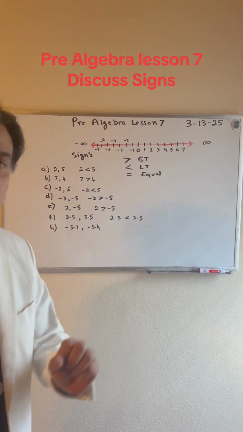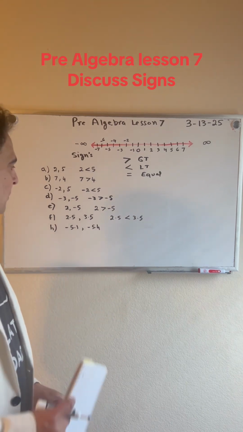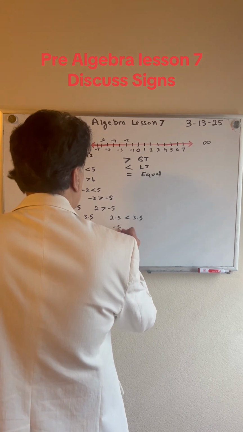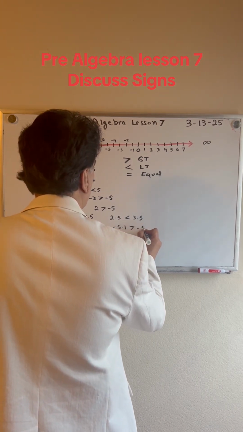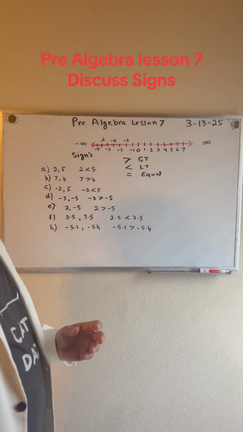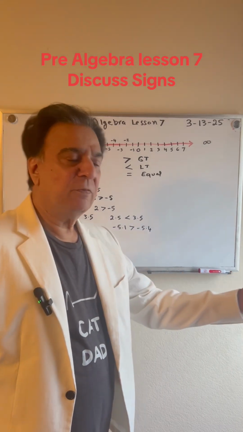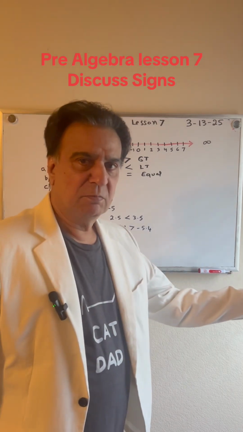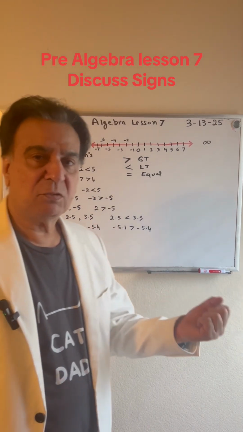Please write it down on a piece of paper and then pause the video and I'll tell you. -5.1 is bigger than -5.4. Same philosophy. You owe somebody 5.4, and then you owe somebody 5.1. So obviously, when you owe somebody 5.1, you're in less deficit.